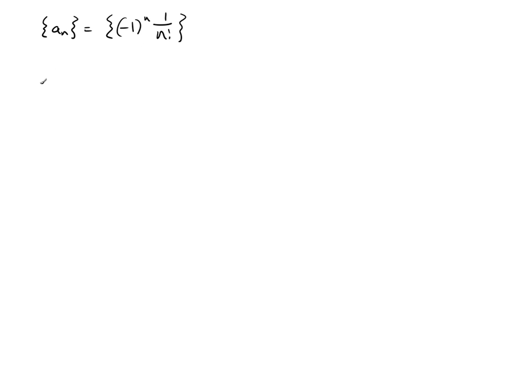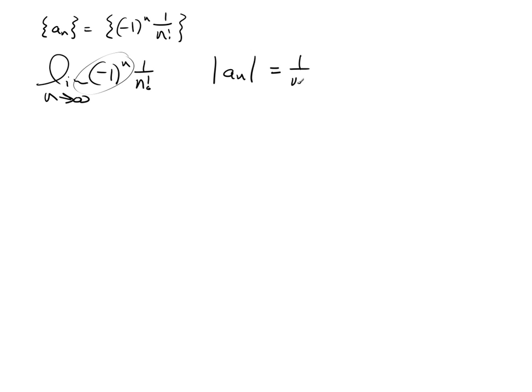So if I simply say, I want to take a look at the limit as n goes to infinity of (-1)^n times 1 over n factorial, this can be pretty confusing. But based on that theorem, I can take the absolute value of a_n, and the absolute value of a_n equals 1 over n factorial, because the absolute value simply removes the negative component, and whatever is negative becomes positive.